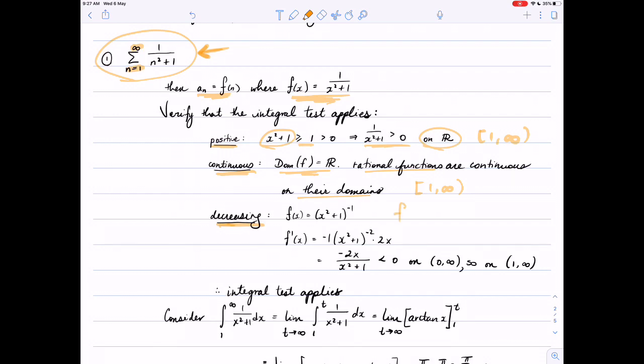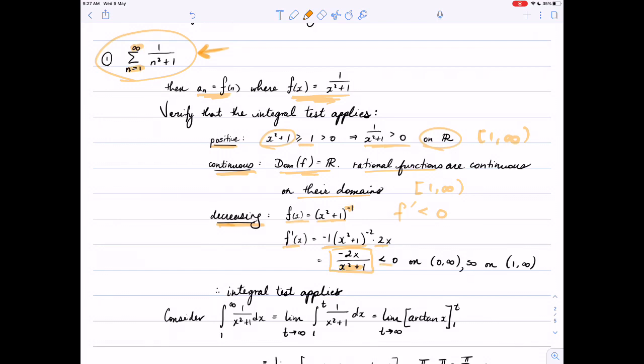A function is decreasing when its derivative is negative. So we go here and we calculate the derivative. If I rewrite f of x as (x squared plus 1) to the minus 1 power, then f prime, applying the power rule and the chain rule, is minus 2x over (x squared plus 1) squared. And the bottom is always positive. We just said that before.